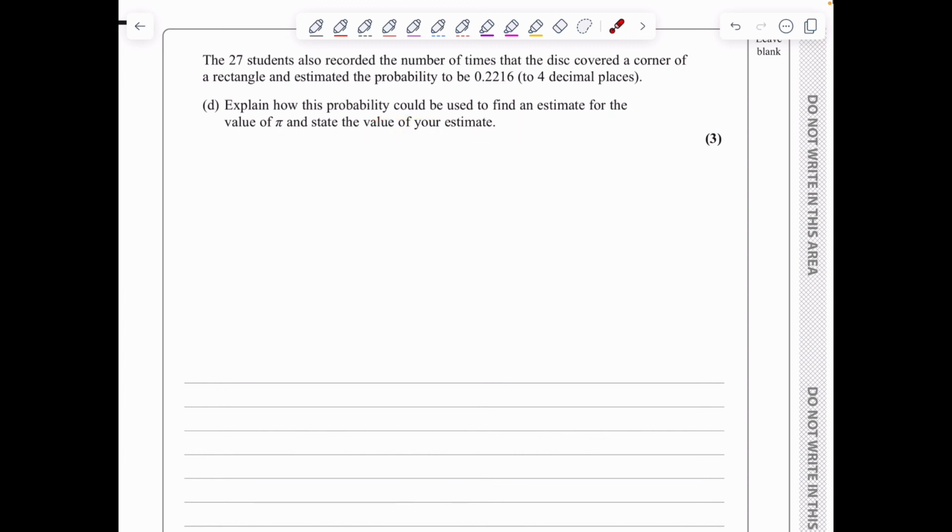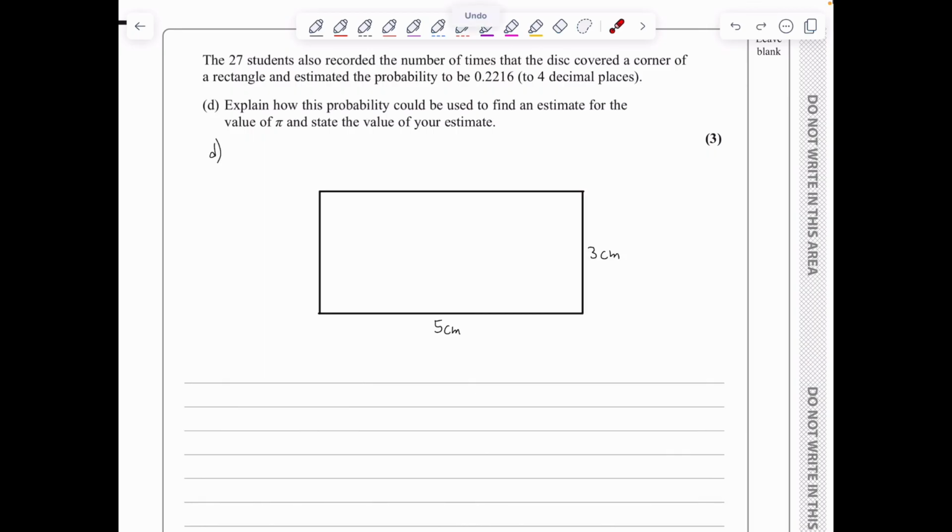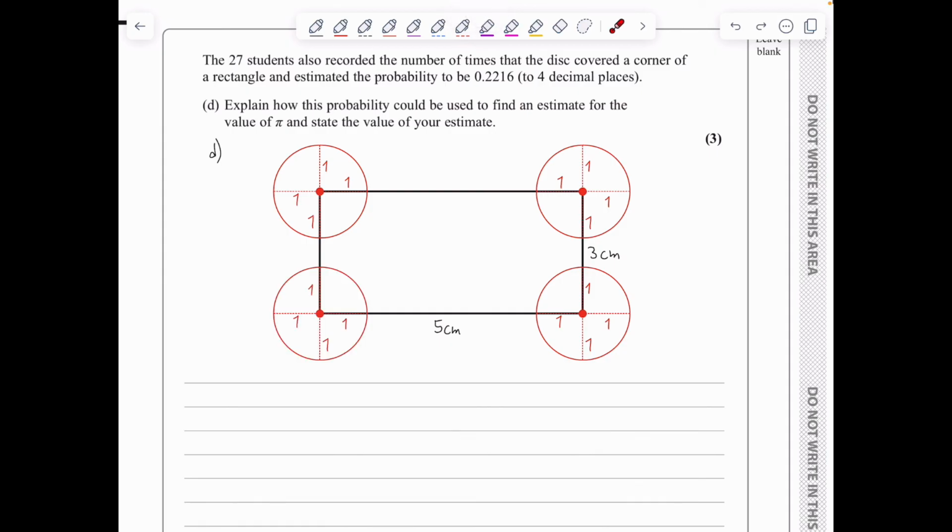So again, let us draw the original rectangle measuring 5 by 3. We are now recording the number of times we are covering the corner of a rectangle. So essentially, I will be placing my disk on the corner exactly so that I'm covering the corners. So it could be there, there, there, or there, 4 possible positions.